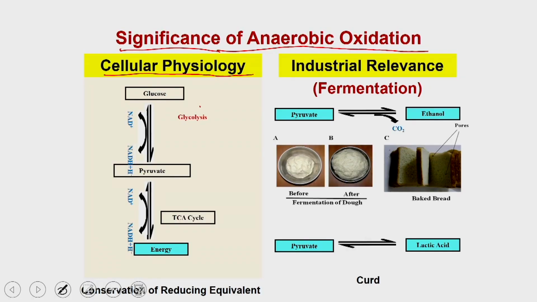Under normal conditions, in the presence of oxygen, the glucose is getting converted into the pyruvate, and the pyruvate is getting converted into energy with the help of the TCA cycle, which means when it is getting converted into energy, the NAD plus is getting converted into the NADH, whereas in the glycolysis also NAD plus is getting converted into NADH.